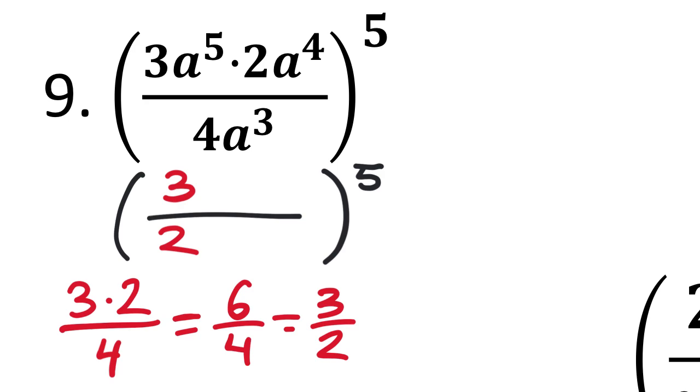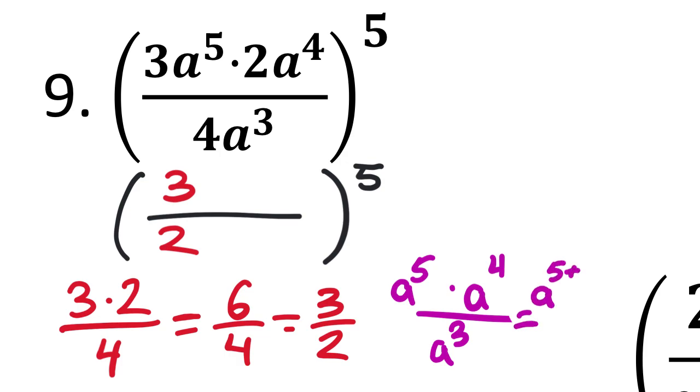All right, now I'll focus on my base a's. So again, just as a fraction, I'd have a to the power of 5 in the numerator, a to the power of 4 in the numerator, and then a to the power of 3 in the denominator. All right? So just from my numerator here, I've got the same base being multiplied, so that'd be a to the power of 5 plus 4, all over a to the power of 3, which is going to be a to the power of 9, all over a to the power of 3.